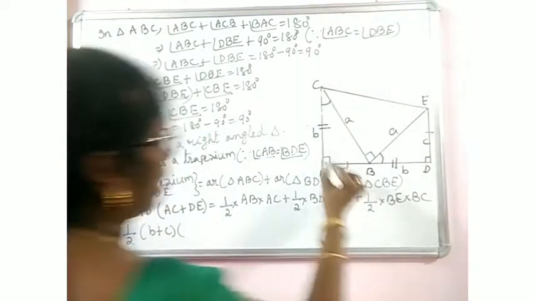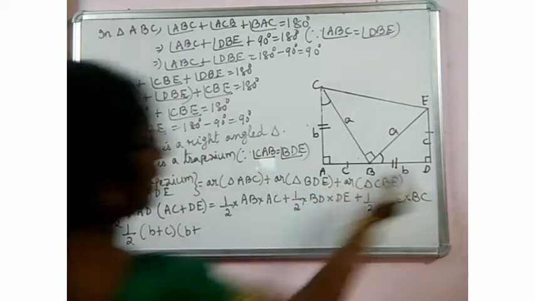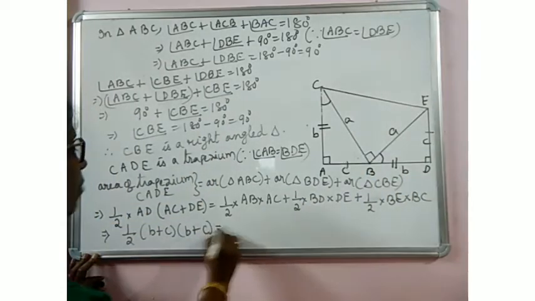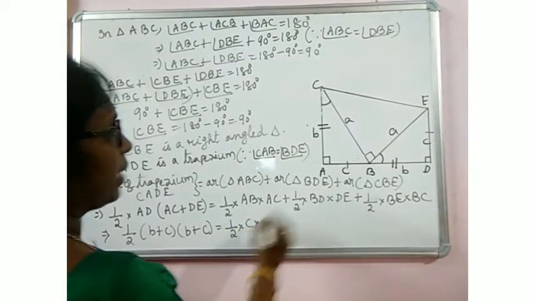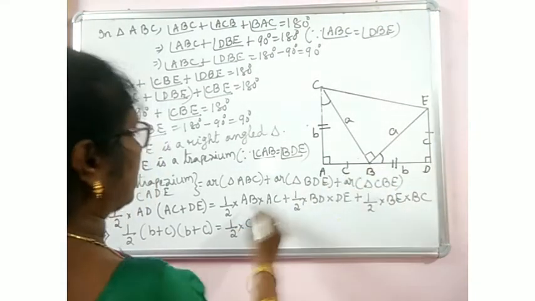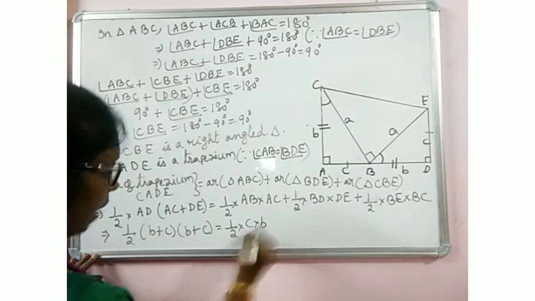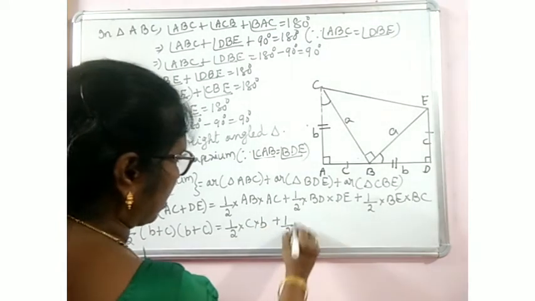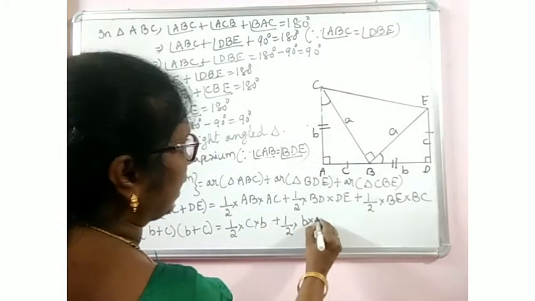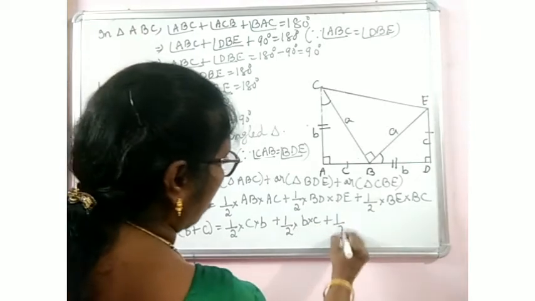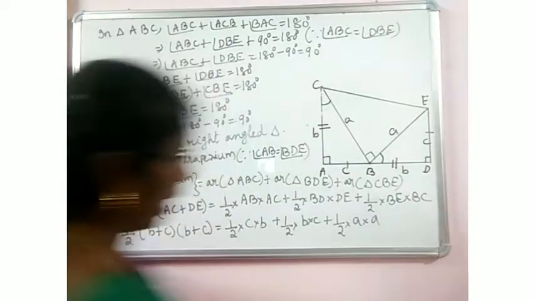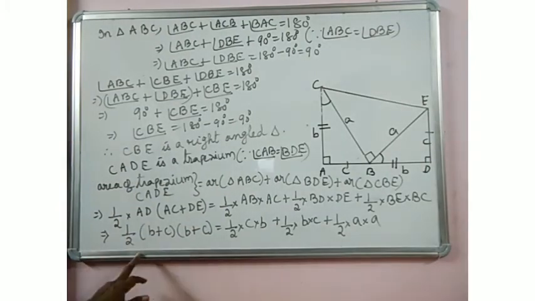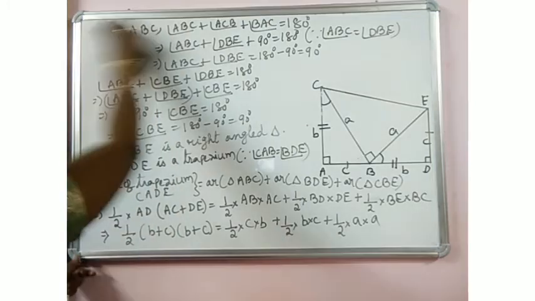AC is again b and DE is c, equal to half AB is c and AC is b, that means half bc, plus half BD is b, DE is c, plus half BE is a and BC is also a. So now let us simplify this and see what we are going to get.